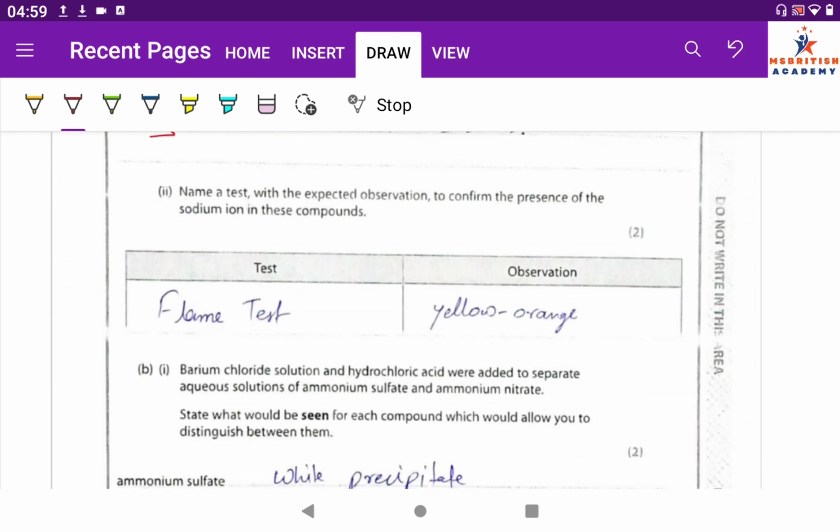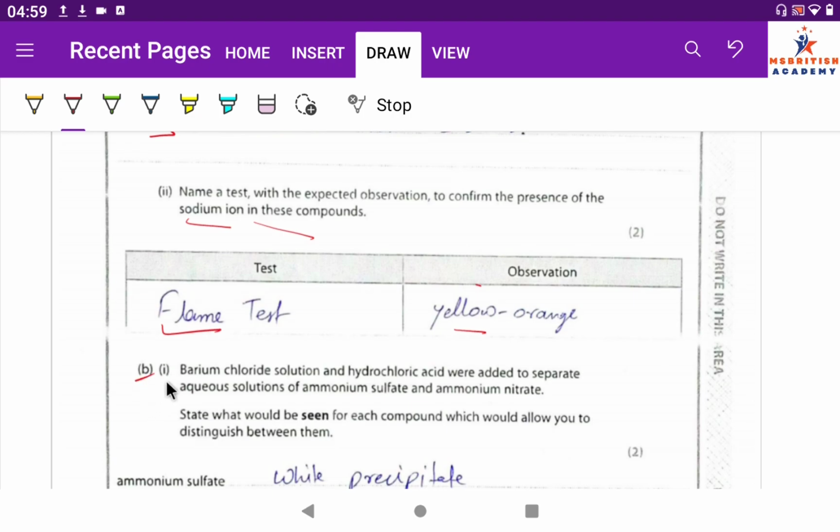Now second part, name a test with the expected observation to confirm the presence of sodium ion in these compounds. So the test can be flame test and the observation is yellow orange. Okay, sodium ion color is yellow orange.